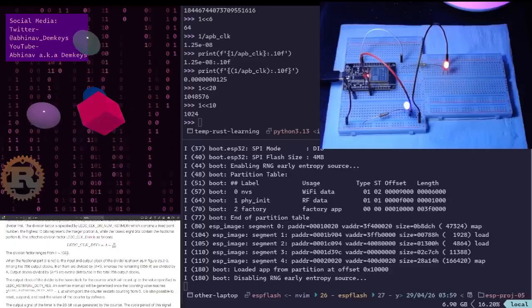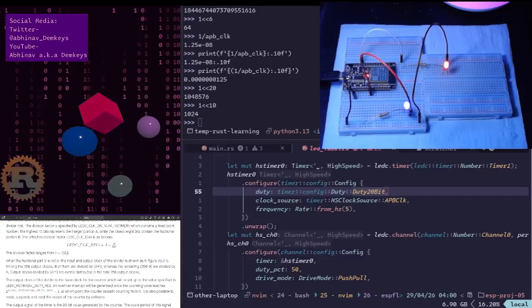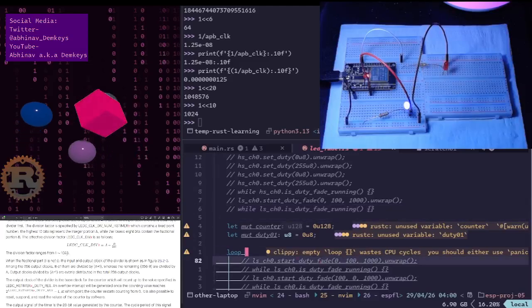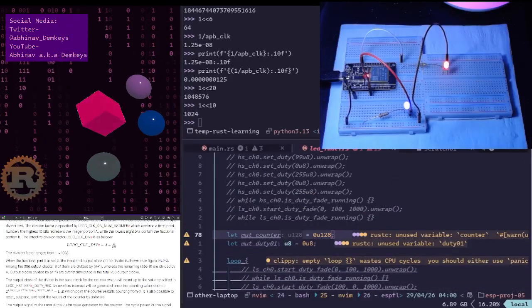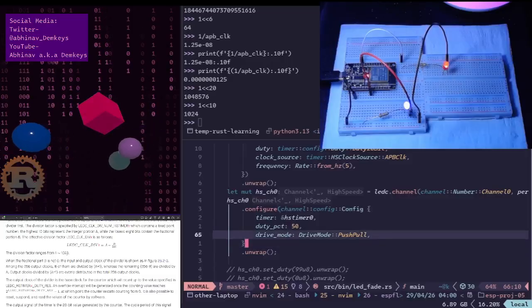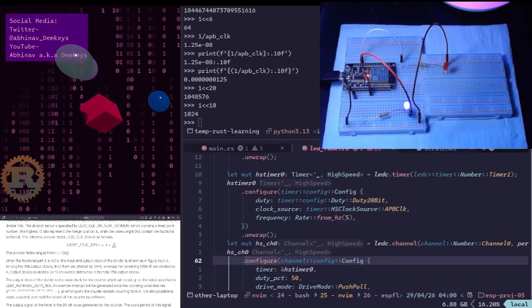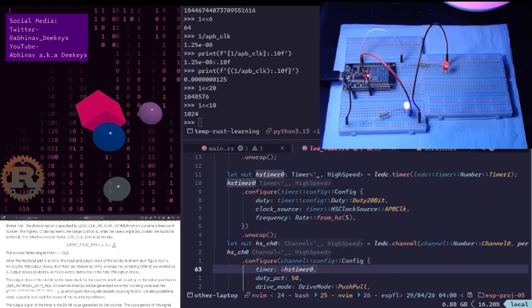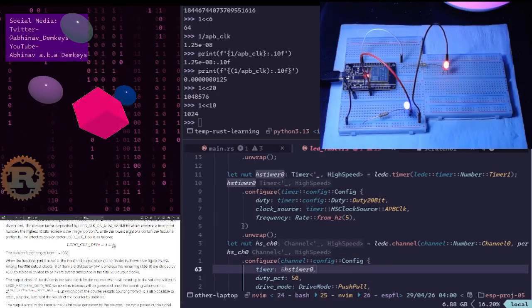All this is doing, if we go back to the code, there's nothing going on in the loop function. Everything is commented out. There's these two variables that are just not doing anything. There's literally nothing going on. All we've done is configured the channel based on our timer. All we've done is call the configure method on the channel, and it just starts outputting this signal.